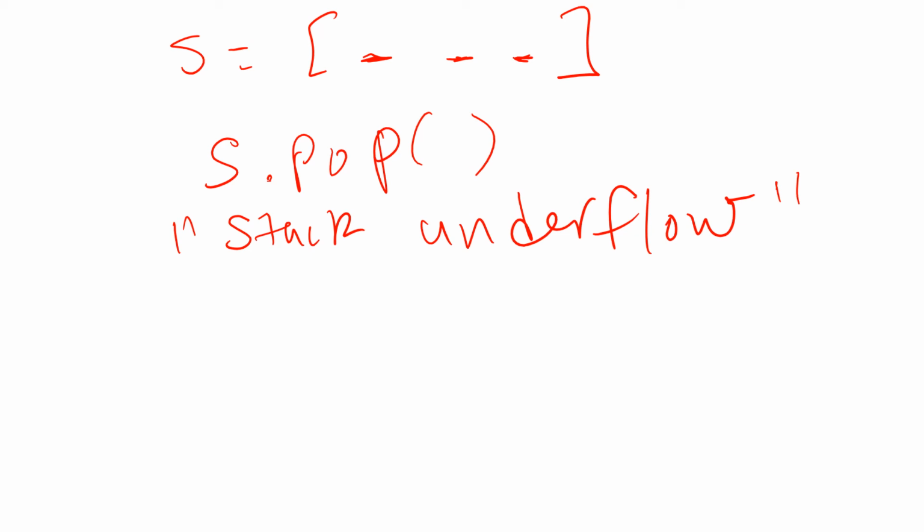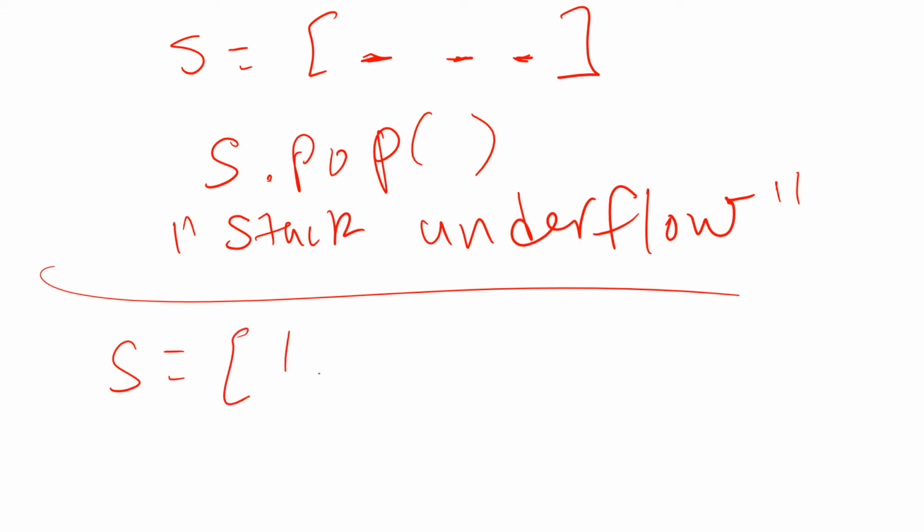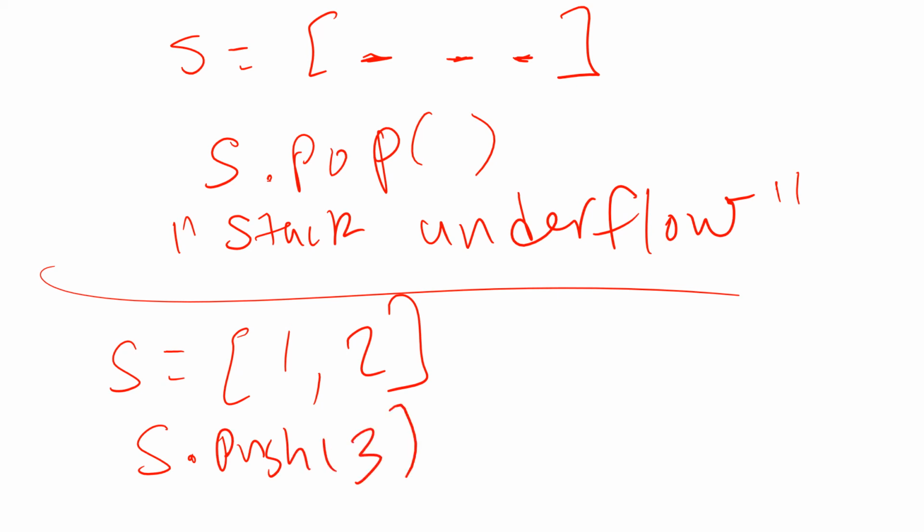What happens in the other case, let's say you have a stack and it's completely full to capacity, and this is the famous website, and you call s dot push, and you want to push another element on there. What's going to happen? Well, in this case, you're going to throw an exception.